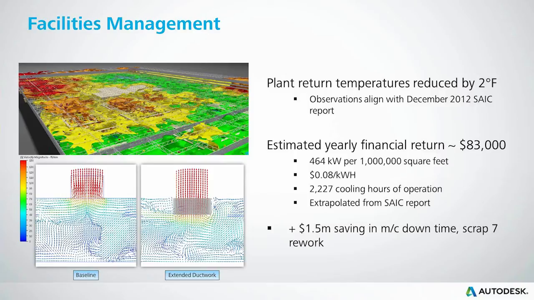They were saving about $83,000 just on the ventilation costs. But this plant also houses machines, and when the temperature varies, it affects the production. So there are additional savings in machine downtime and scrap that was created as a result of the temperature variation effect on the machines.